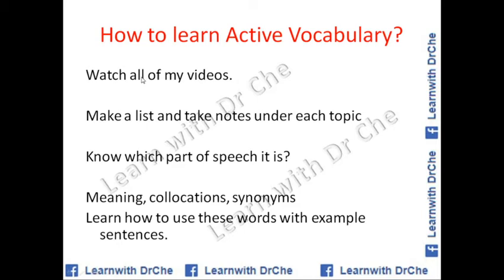Okay, how to make your vocabulary active. First of all, watch all of my videos gradually, slowly please, one by one, and learn. Don't rush to watch all the videos in one day. Make a list and take notes under each topic. Know which part of speech the word is, what is the meaning, what are the collocations.